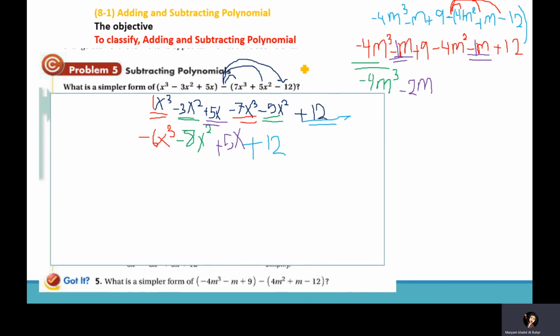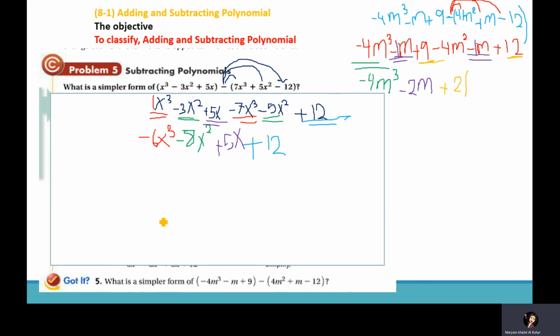Here we have 9 and 12. They are both numbers. So 12 plus 9, both of them positive, equals 21. Please be careful with the sign. So that is 21.